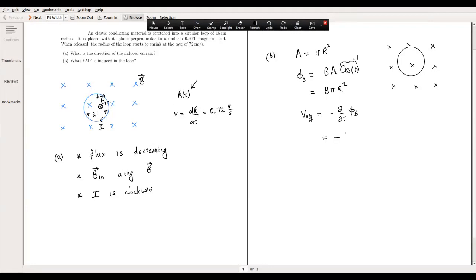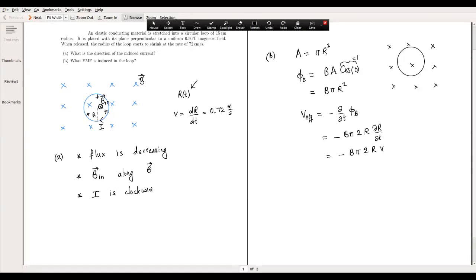So we have B times pi, and the derivative of r squared is 2 times r, but r itself has a time derivative to it. So using chain rule, we have dr by dt. That's the velocity, the rate at which the radius is changing. So it is minus B times pi 2 times r times velocity v, where velocity is the rate at which the radius is changing with time.